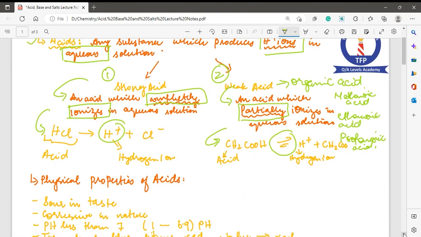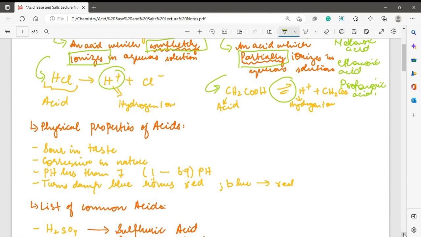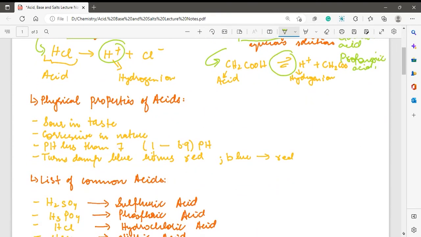Next we are going to discuss the physical properties of an acid. The physical properties are related to the size, shape, composition, or nature of a substance. If they ask about the physical properties, you have to describe the physical appearance, color, taste, and texture of the acid.